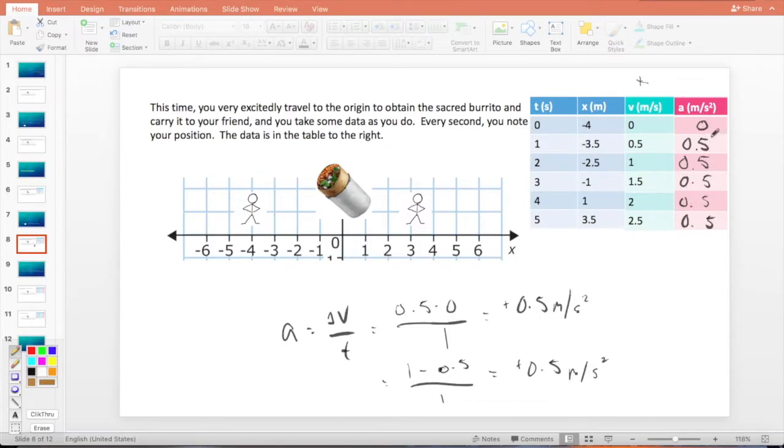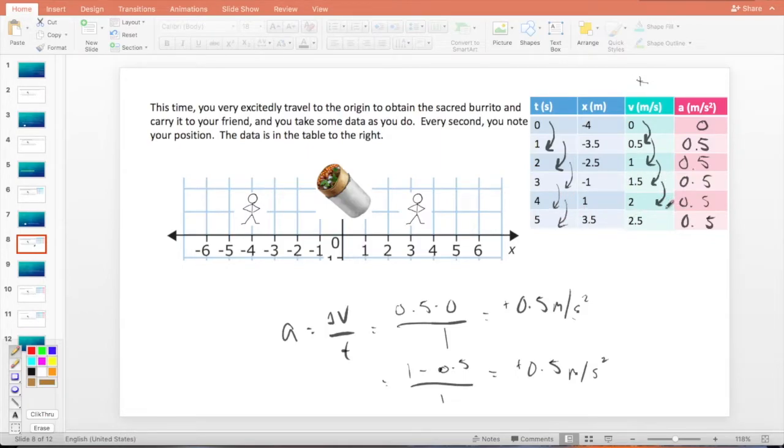What does this mean? Well, think about it. We've already seen it. Remember, meters per second squared. This means that every second that passed, your velocity increased by 0.5 meters per second. From 0.5 to 1, from 2 to 3 seconds, your velocity increased by 0.5. From 3 to 4 seconds, your velocity increased by 0.5.